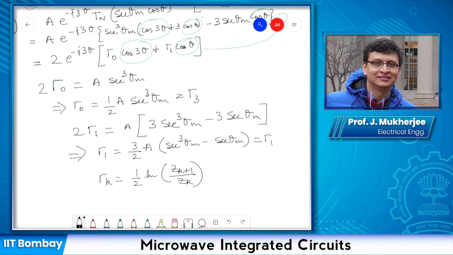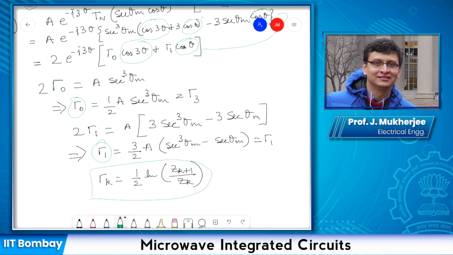So here now you substitute the values of gamma 0 and gamma 1, and then using this equation you can find out the values of z1, z2 and z3. In your notes I have given a problem. Please try to go through it and see how it is solved.